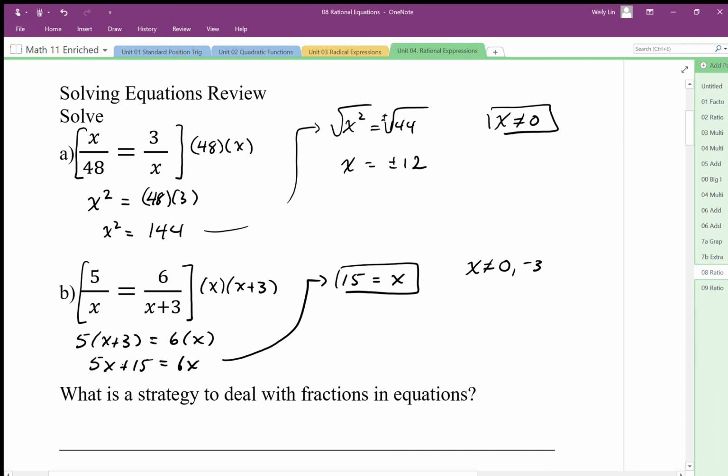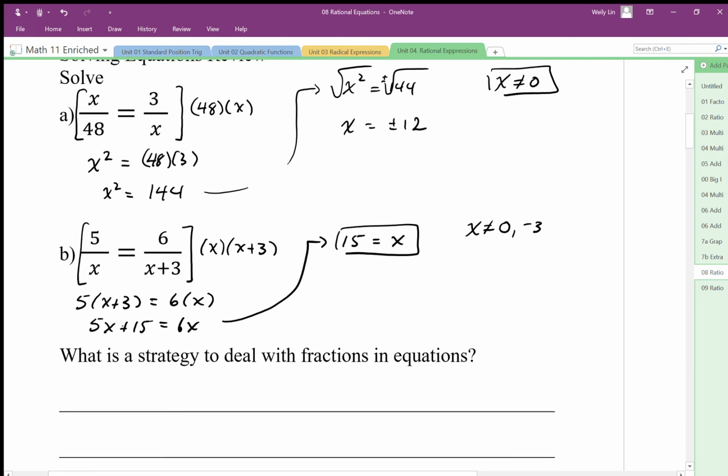1/3 equals 1/3. So the general strategy to deal with fractions in an equation, whether numerical fractions or algebraic fractions, is that we want to clear out the denominator.